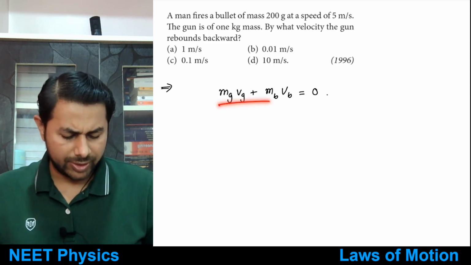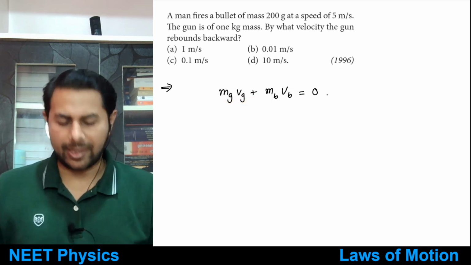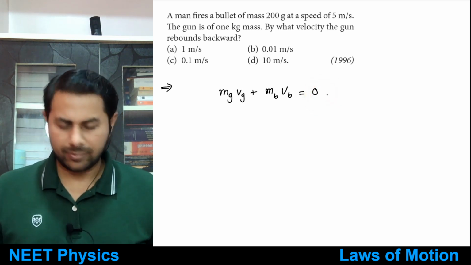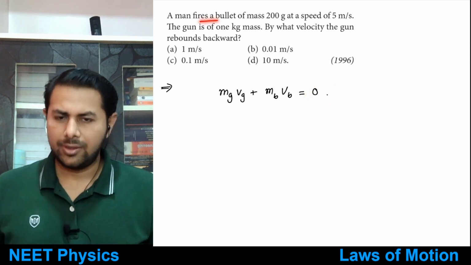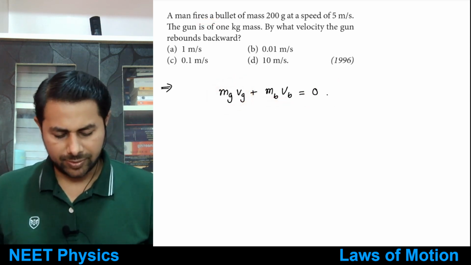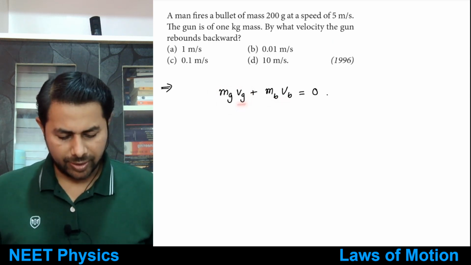Because total momentum before firing is equal to total momentum after firing, and total momentum before firing was 0, right? And that's why the total momentum after firing is also equal to 0.